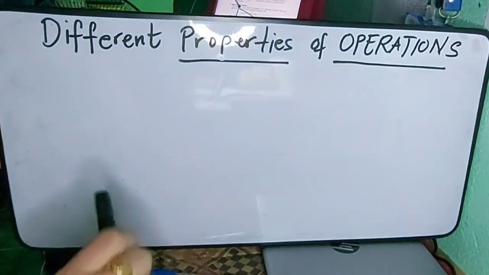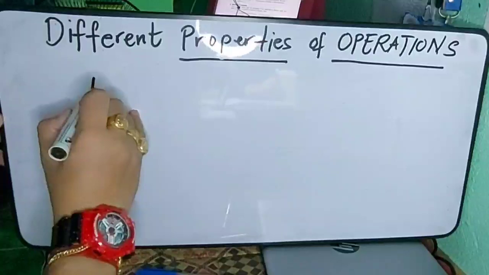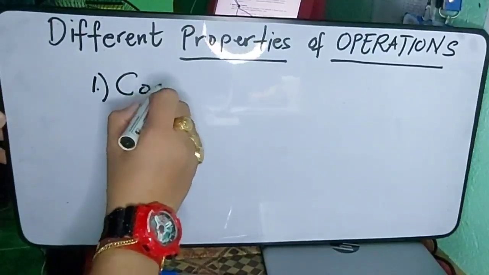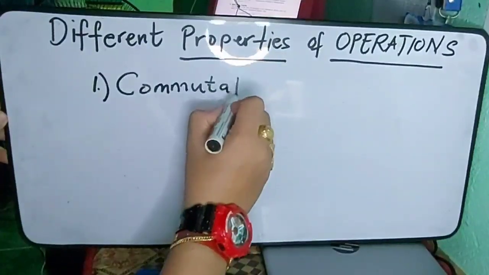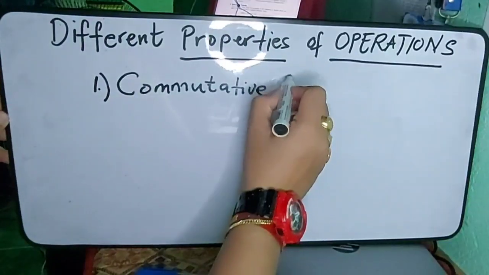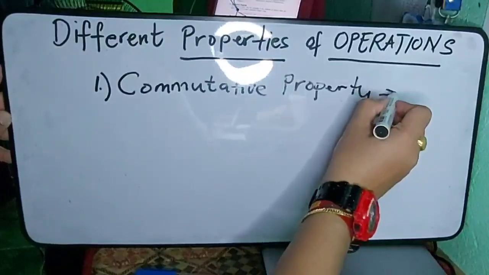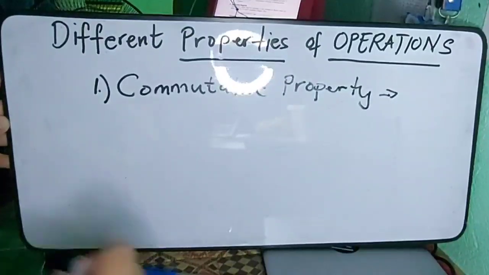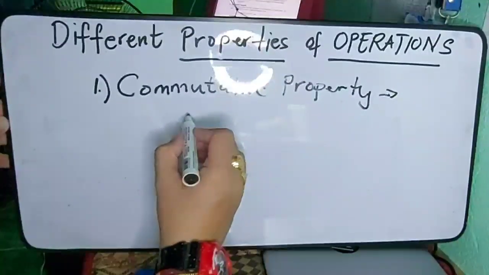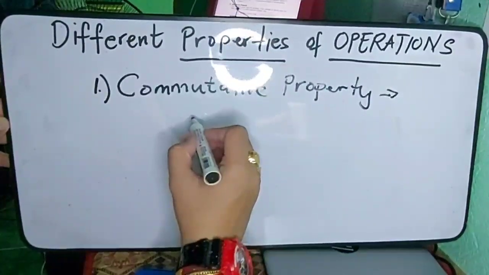The first property that we're going to discuss is the commutative property. What is the commutative property? The property states that the order of the addends or factors does not affect the result.